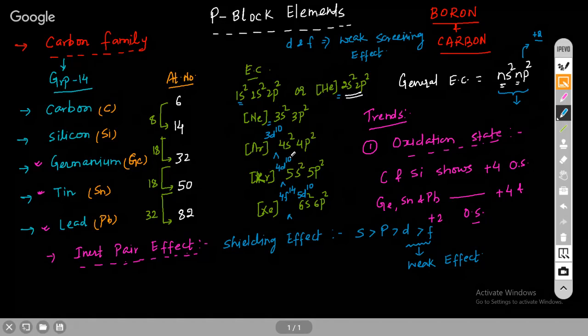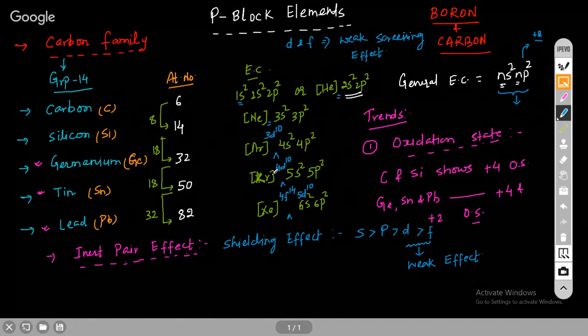The penultimate shell contains completely filled d orbitals, which show weak screening effect. So because of the weak screening effect of d orbitals, the outermost electrons, 5s2 and 5p2, are strongly attracted towards the nucleus, and this is true for germanium, tin and lead.